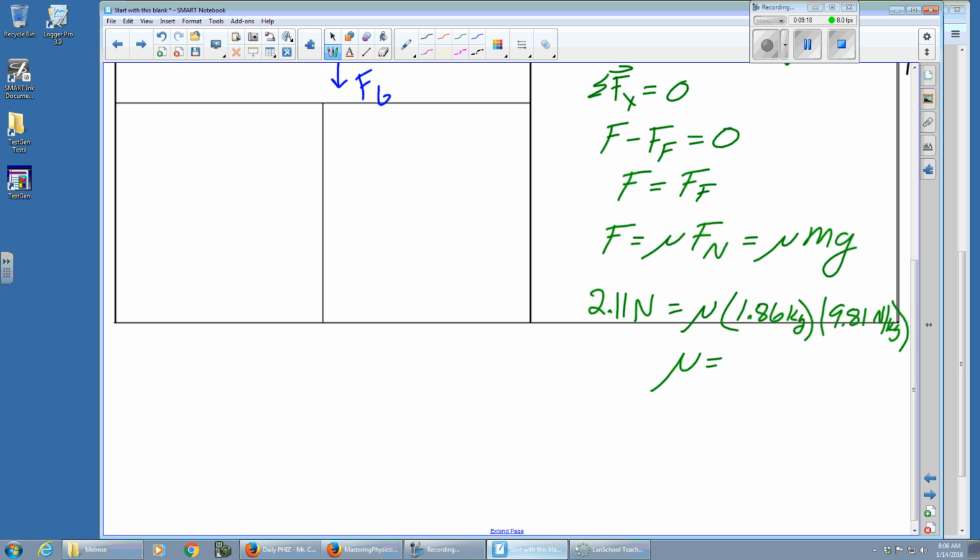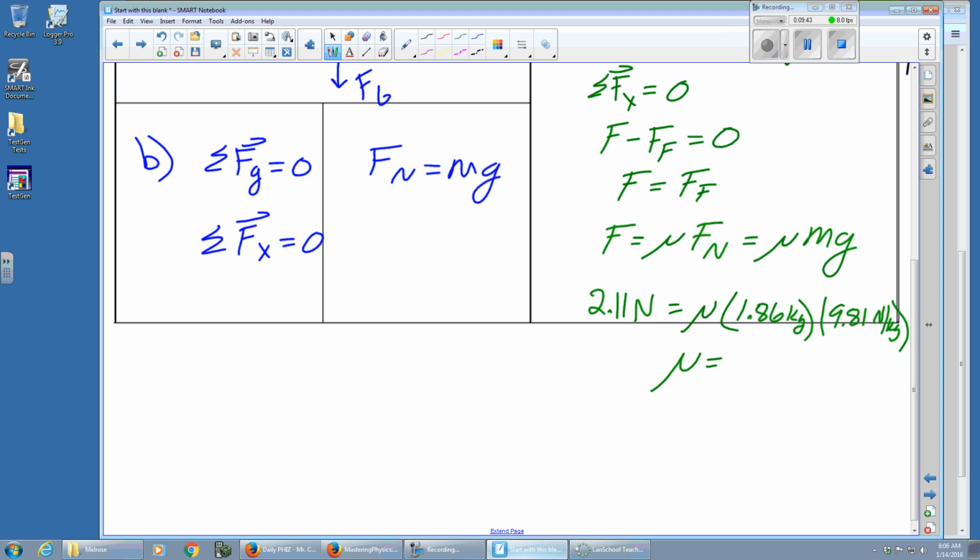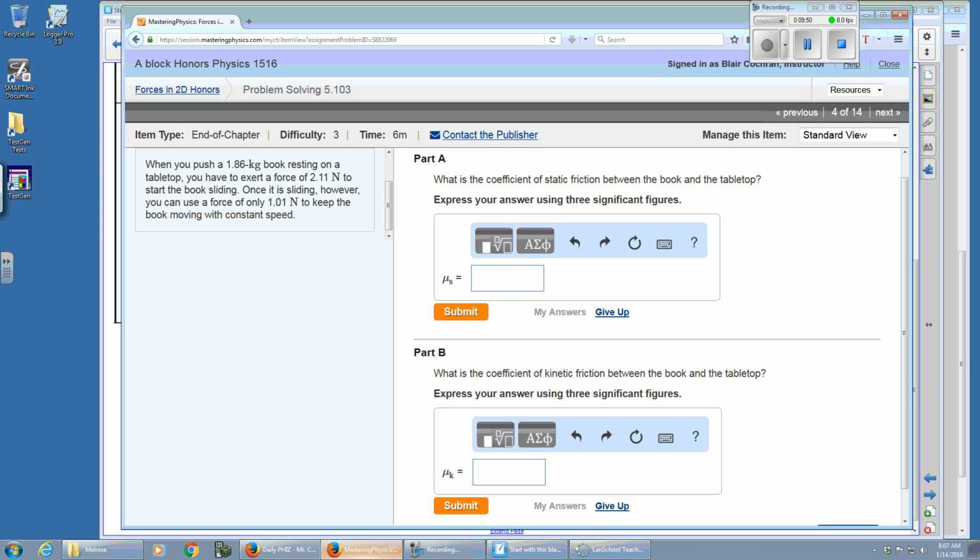And so then to do part B, I'm going to start over here just to not waste space. In part B, sum of the forces in the y equals 0. Hopefully you see that leads right away to the normal force equals the weight. And then I do sum of the forces in the x equals 0, just like I did here. And I end up in the exact same spot, except I don't have a force of 2.11.